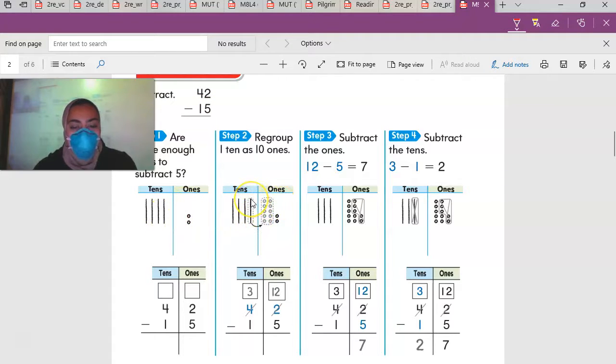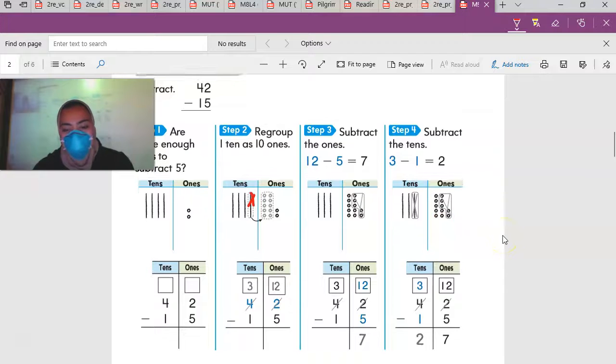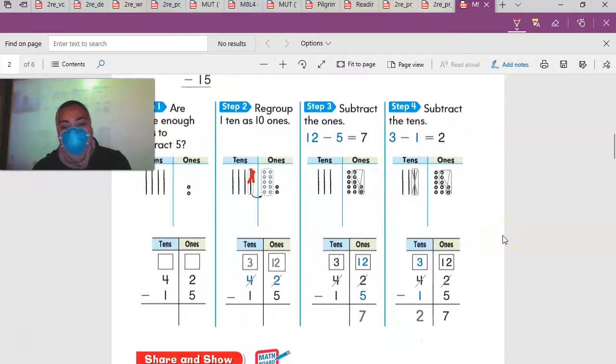So here they're breaking a 10 and making that 10 into 10 ones. Now you have enough to take away. So now I have 3 tens left over and I took away 5 ones and I have 7 ones left. So here I have to take the 10 away. 3 take away 1 is 2. And with the 5 taken away here, I have these left over, which is 7. So the answer is 27.